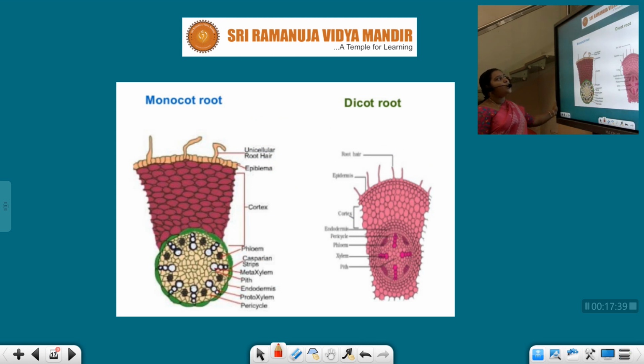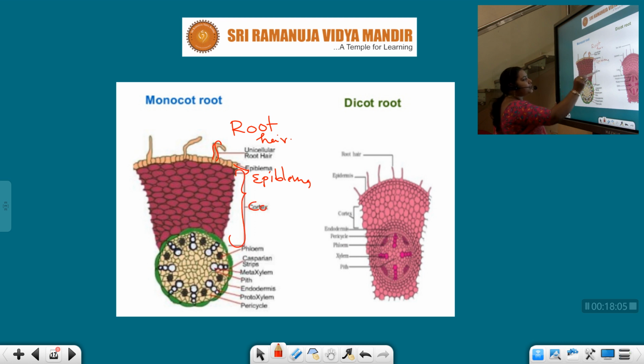Next, monocot root and dicot root. Let us see the type of arrangement of the different tissues, the complex tissues, in the monocot root and dicot root. Children, you have the unicellular root hair, and next to this the epiblema. This entire portion is called cortex.